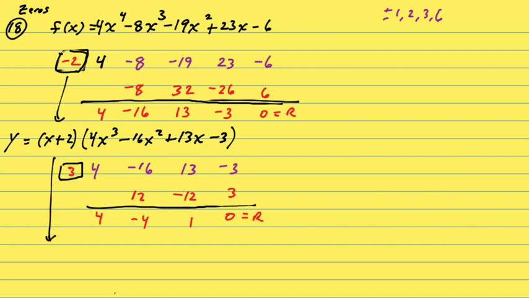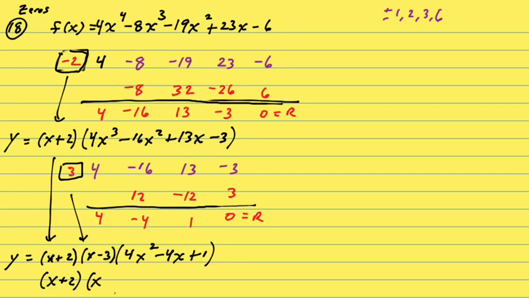So I have x plus 2 times x minus 3 times 4x squared minus 4x plus 1. That's going to factor, I hope. If not, I'd have to use the quadratic formula. But I think it's going to factor into 2x, 2x. What are factors of 4 that add to negative 4?